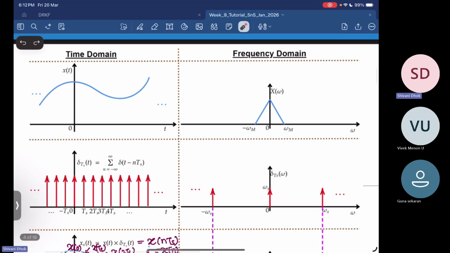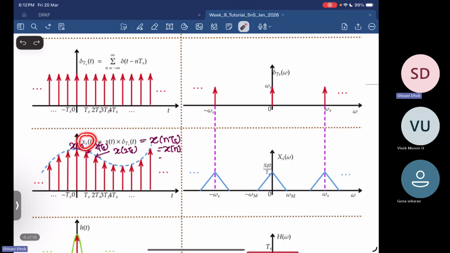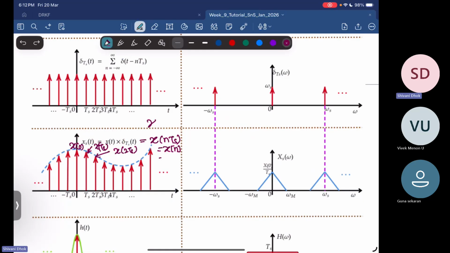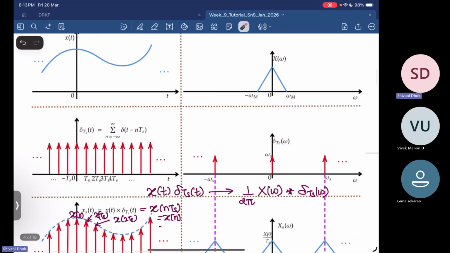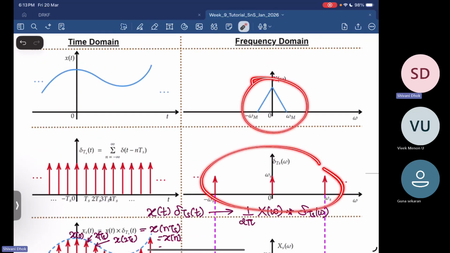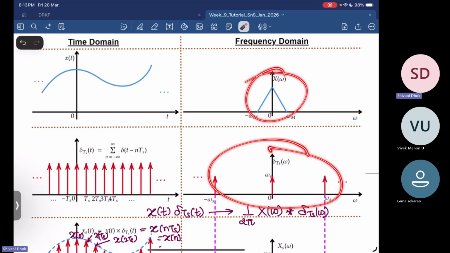Now, we multiply this x of t with this delta Ts of t. So you get xs of t as x of t into delta Ts of t. When you want to find the Fourier transform of the signal x of t into delta Ts of t, that will give you, in the frequency domain, a convolution of this particular Fourier transform x of omega and this particular Fourier transform of the impulse train.